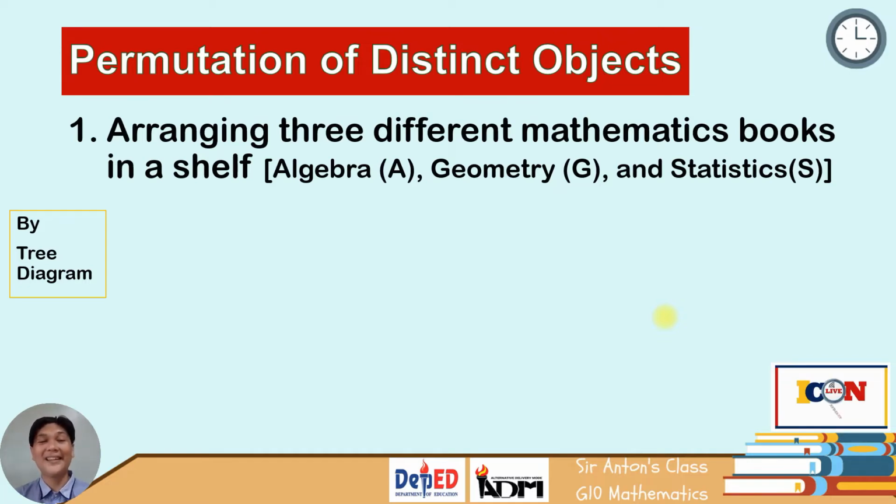At this point, let us look at how tree diagram is illustrated. Take note that we have 3 books: algebra, geometry, and statistics with corresponding representation. Let us now pick algebra first. If you're going to pick algebra first, then next we can pick the geometry, and then, of course, lastly, we can pick statistics, right?